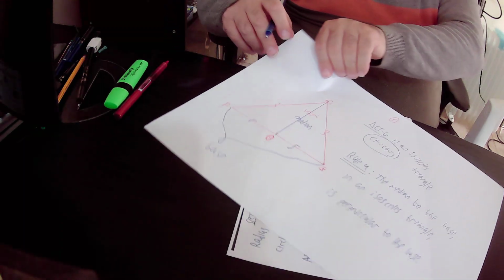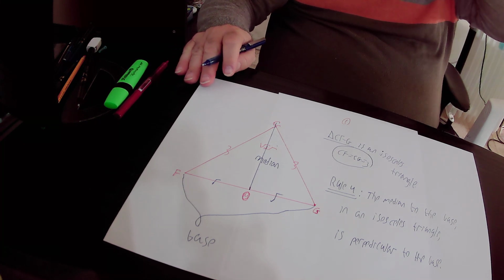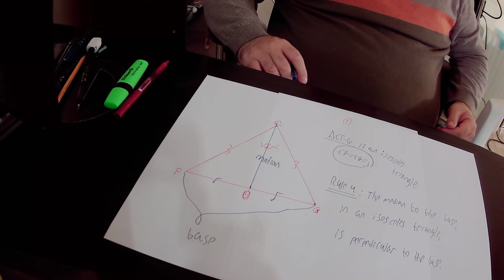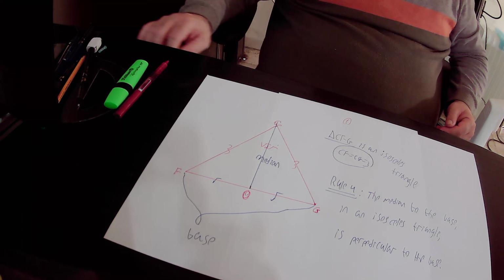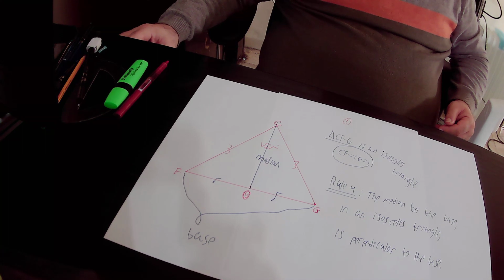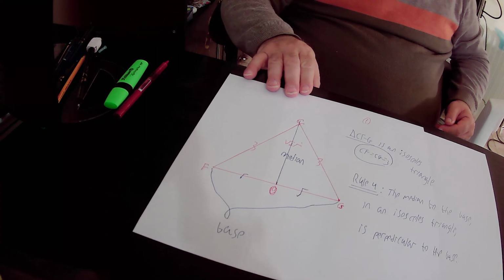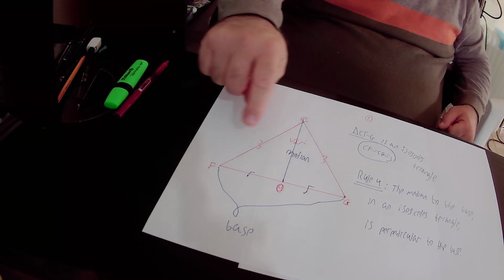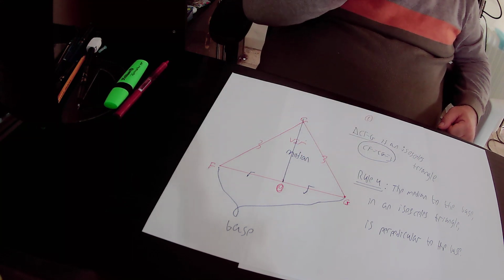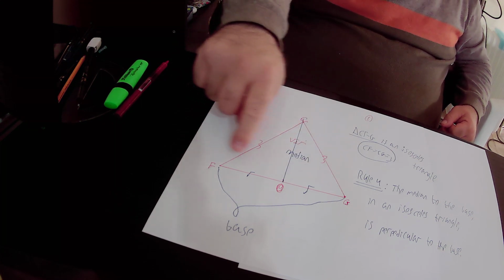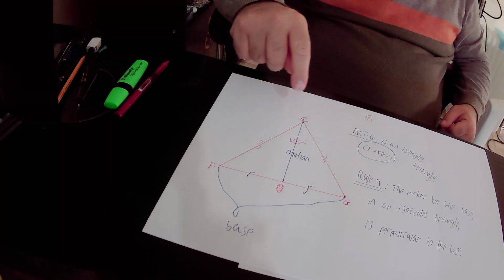So I read rule number 4 again. According to rule number 4, the median to the base in an isosceles triangle is perpendicular to the base. So here, according to rule number 4, if we focus on this drawing, we have the median CO to the base FG, and according to rule number 4, the median CO to the base FG is perpendicular to the base FG.